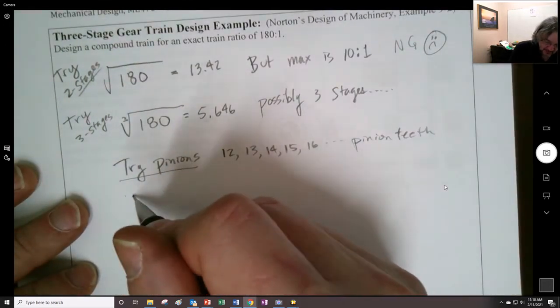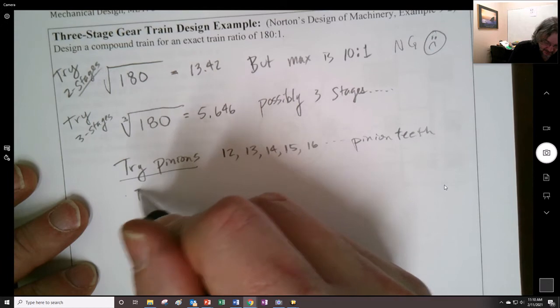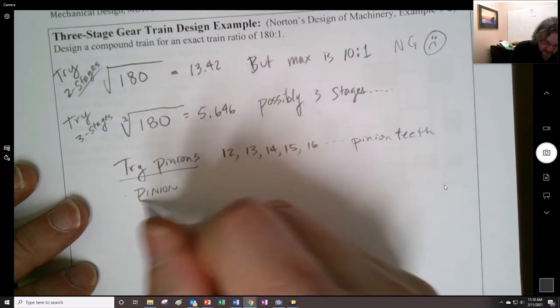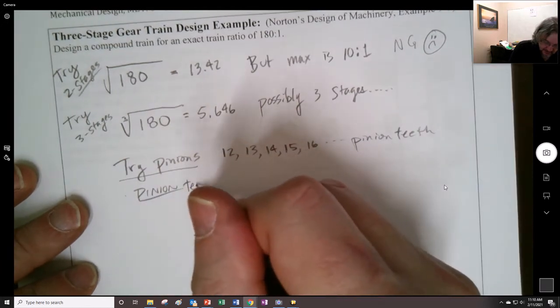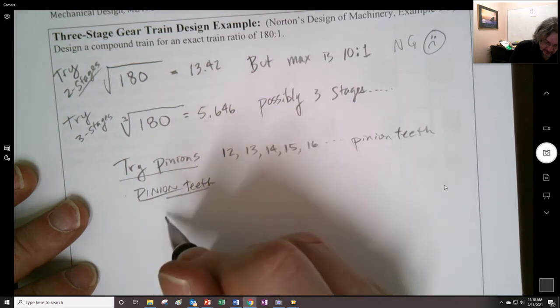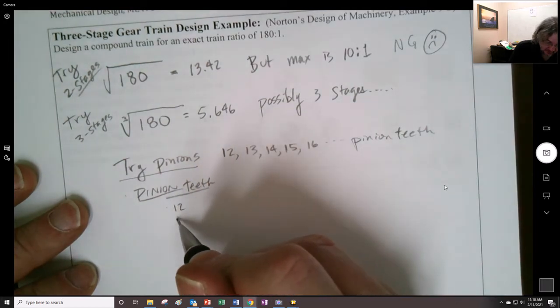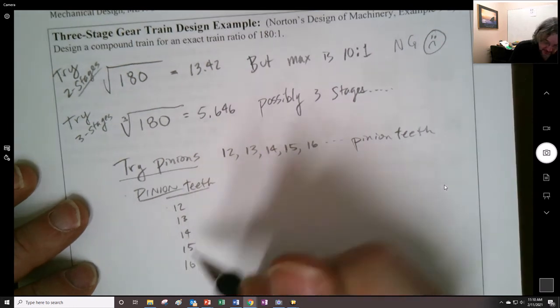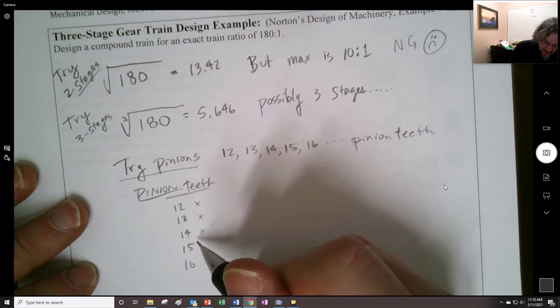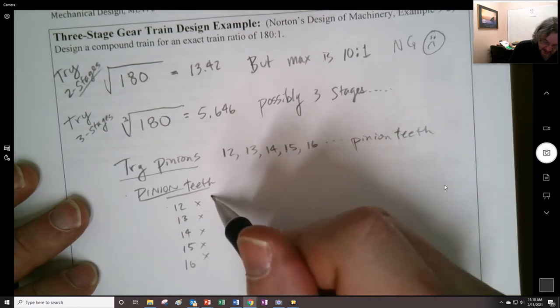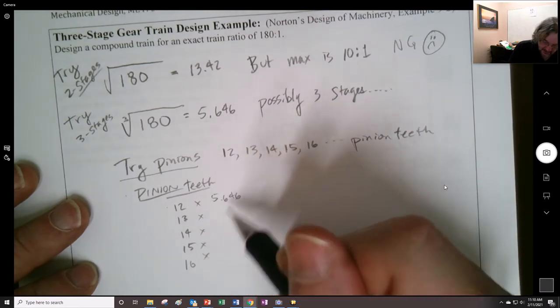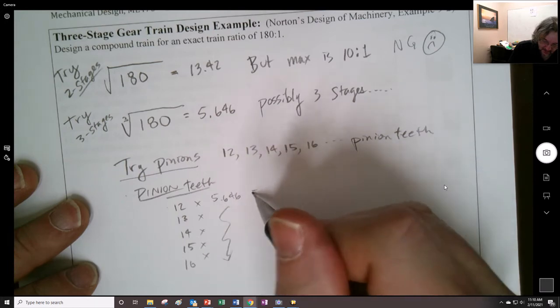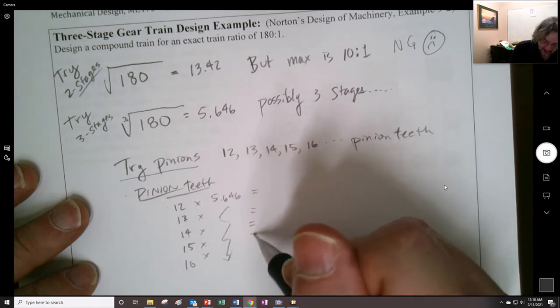So for pinion teeth of 12, 13, 14, 15, and 16, we multiply each by our 5.646. I'm going to do all of those, so I'm not going to write it down every time.